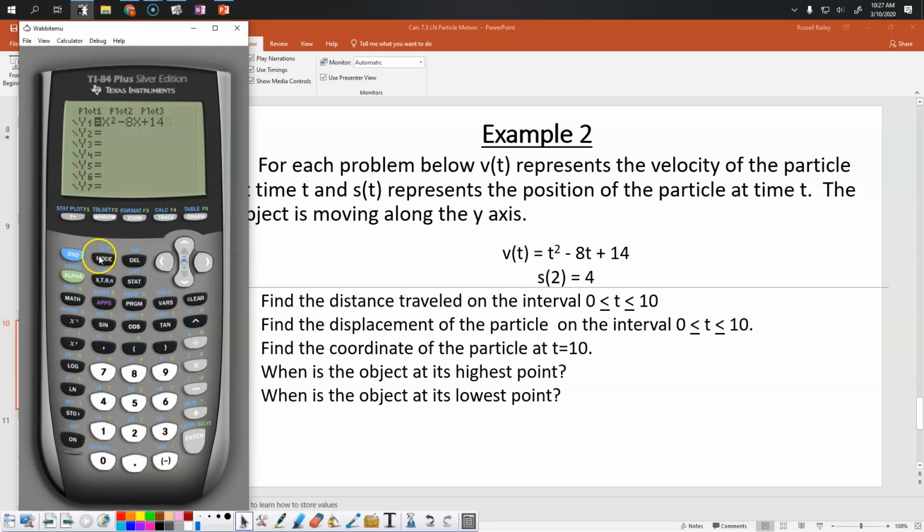And then once you got it typed back in there, go ahead and go back to your home screen. Okay, so we're going to type in exactly what I said. So s of 10, we decided, was going to be 4, right? Plus the integral. So now I'm going to bring up the integral. 4 plus the integral.